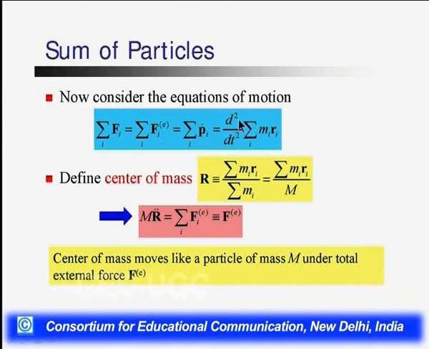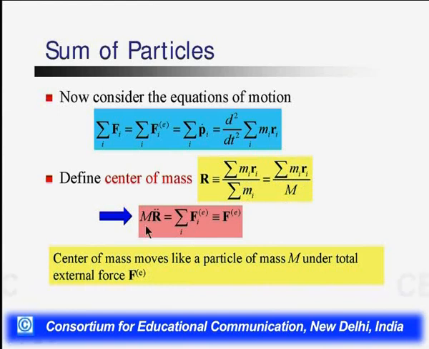Now define the center of mass: R equals summation mi ri divided by summation mi, the mass of all the ith particles and their positions divided by the total mass. That's why we can write it as summation mi ri divided by M.